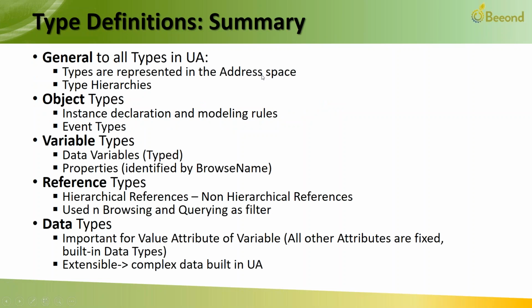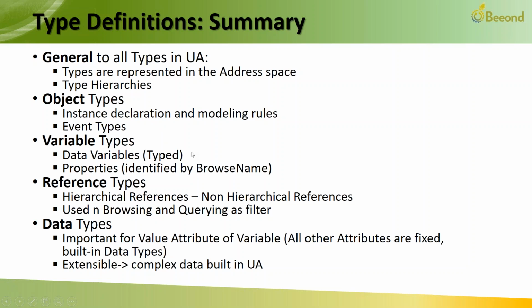So the summary about type definitions in OPC UA: all types in UA are represented in the address space. All object types follow modeling rules and instance declarations, they can basically create objects, and they can be event notifiers.